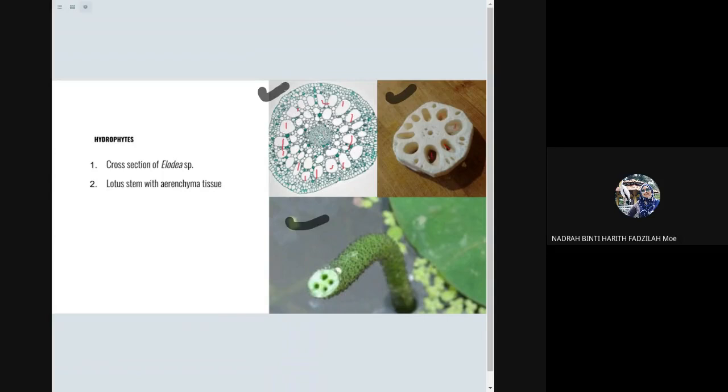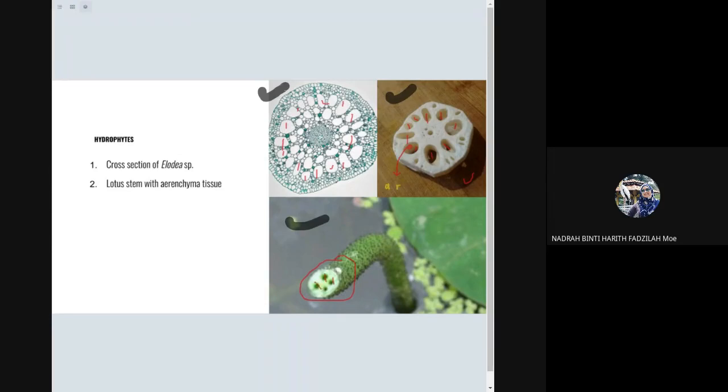So kita panggil dia sebagai aerenchyma, sebab kita boleh nampak dengan naked eye. Sama juga macam dekat dia punya stem ni, ni lotus root yang orang Cina selalu makan buat sup lah, buat macam-macam lah. Jadi keropok pun boleh, dried lotus root. Tapi lotus stem pun sama. Kita nampak aerenchyma dia very clear, dia punya lubang ni.